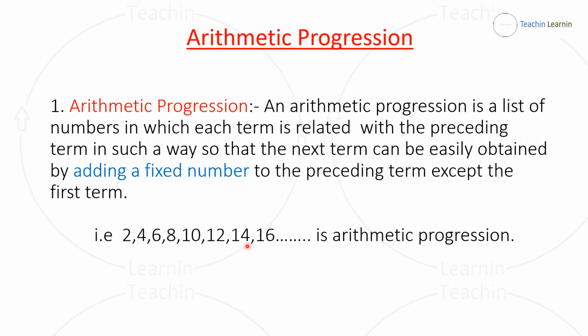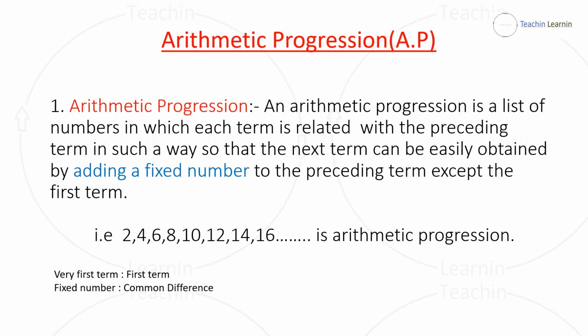So what you get is that the difference between any two consecutive terms is static. So when the difference between any two consecutive terms is static, it is an arithmetic progression.